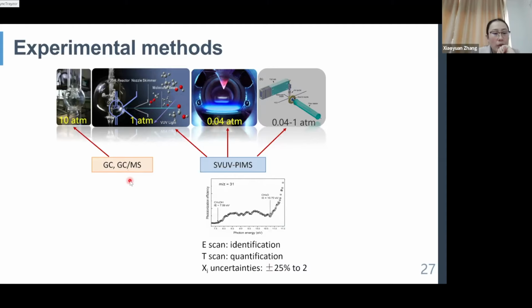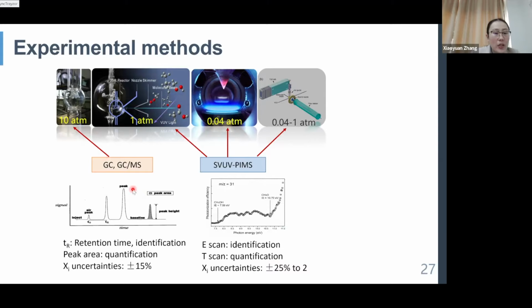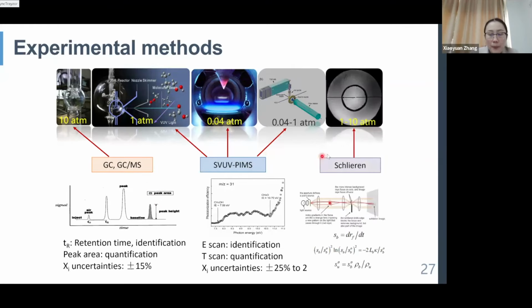Well, we also use GC-MS and GC methods to diagnose the speciation data measured in a high pressure JSR. The uncertainty of GC is much smaller, around 15%. Well, we also use a combustion vessel to measure the laminar flame speed. The schlieren method was used to record the flame propagation.